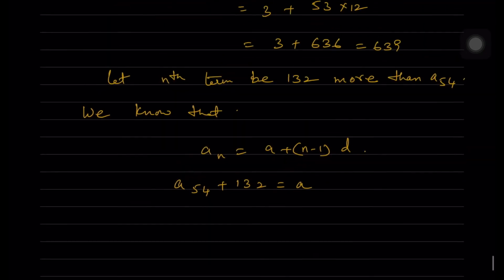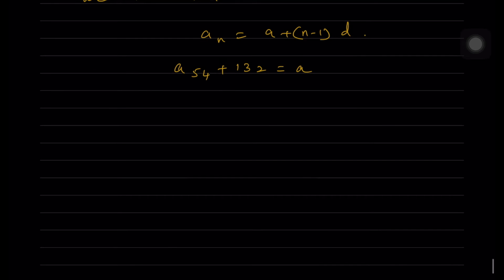So 639 plus 132 is equal to 3 plus n minus 1 into 12.